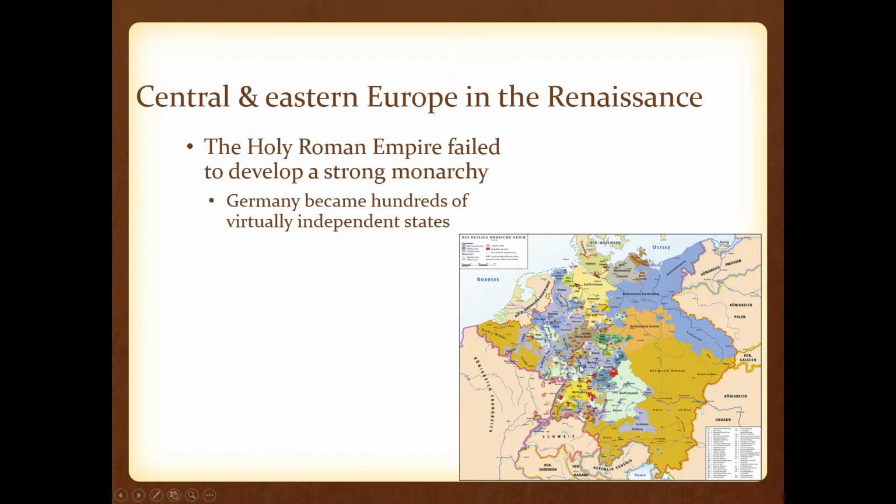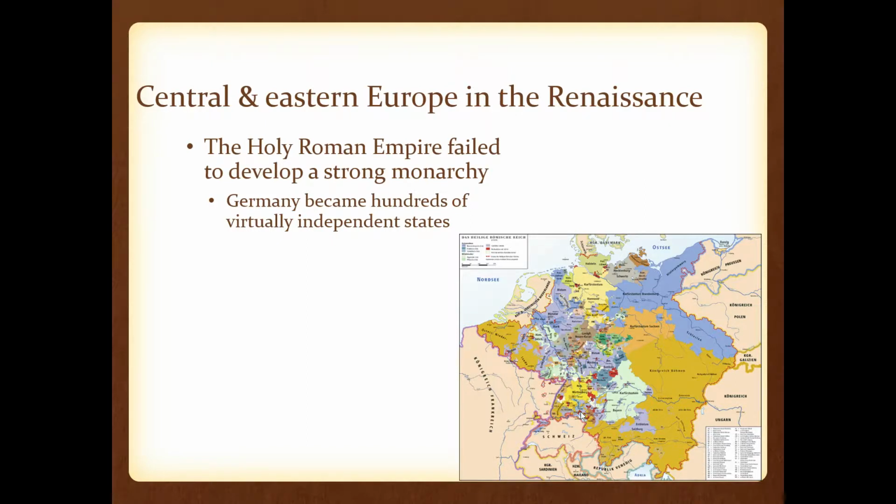A lot of different landed gentry are able to wrest some control away from the Holy Roman Emperor, leaving the Confederation basically at the mercy of the Austro-Hungarians, Prussians, and some of the northern kingdoms, and so you have a very loose confederation of different landed nobility.